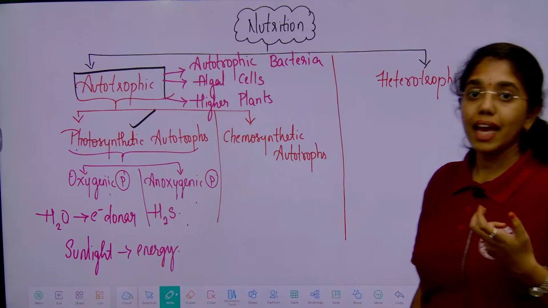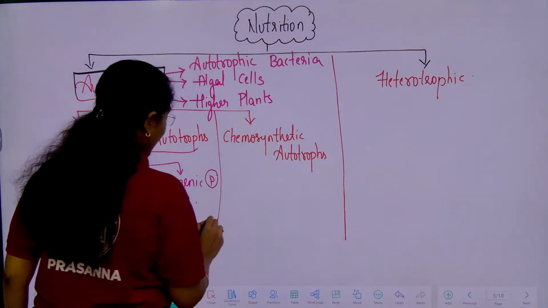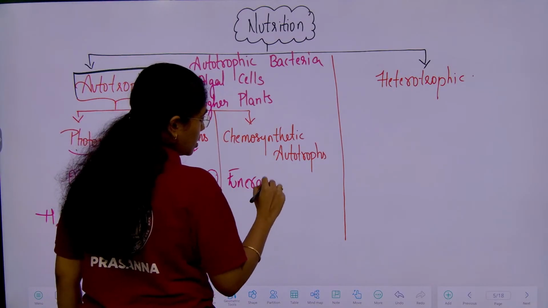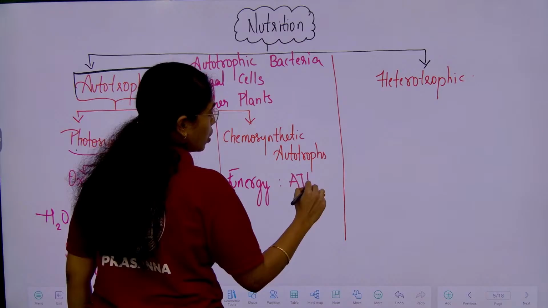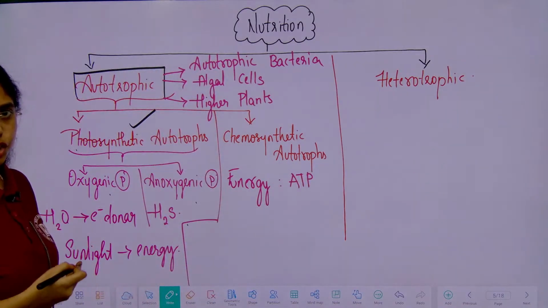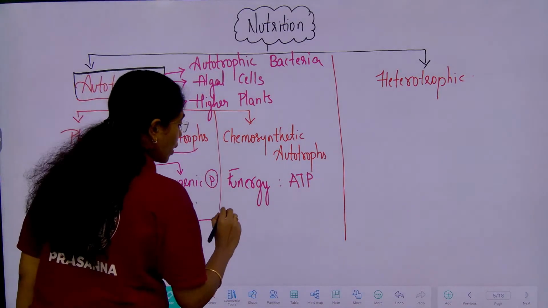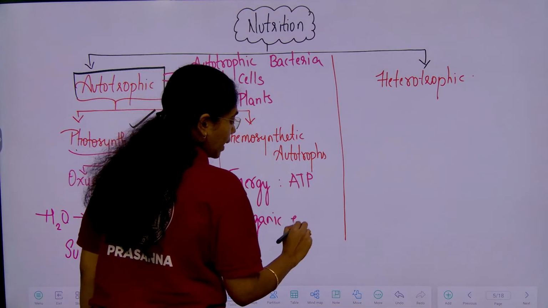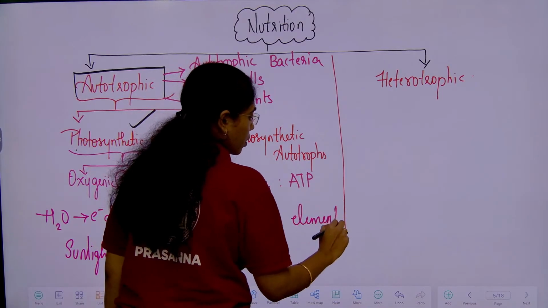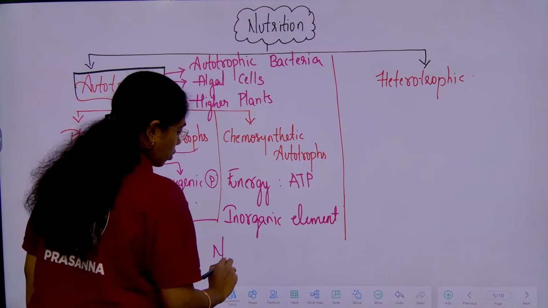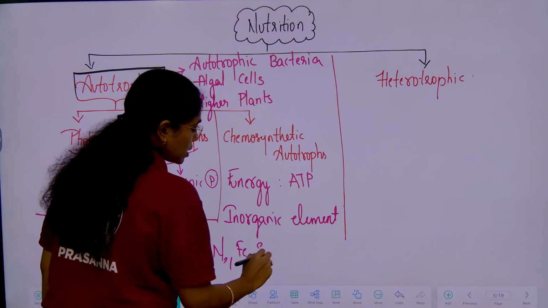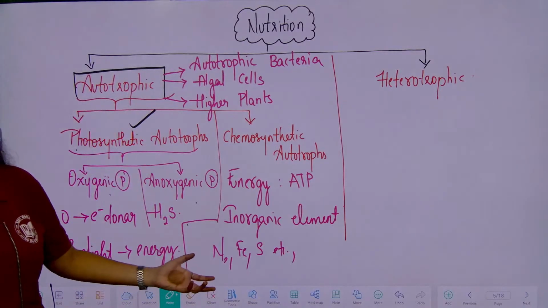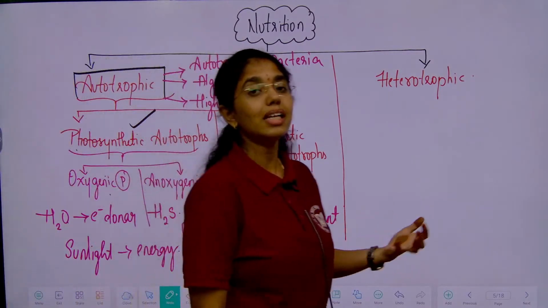If the energy which is consumed is ATP, which is chemical form of energy, and the electron donors are inorganic elements like nitrogen, iron, sulfur, etc. Chemosynthetic autotrophs will help in recycling the nutrients as well.